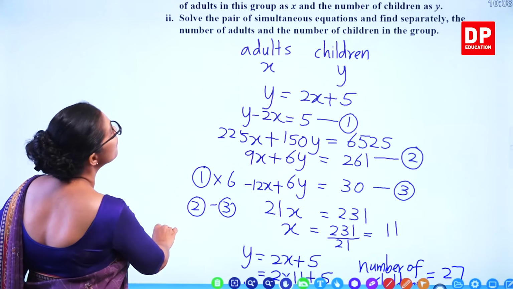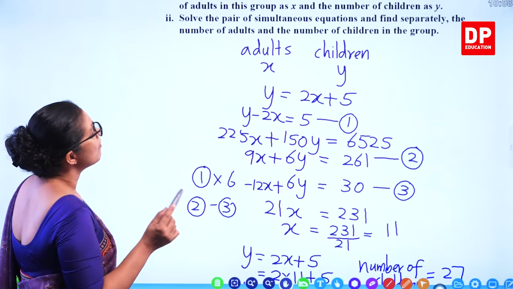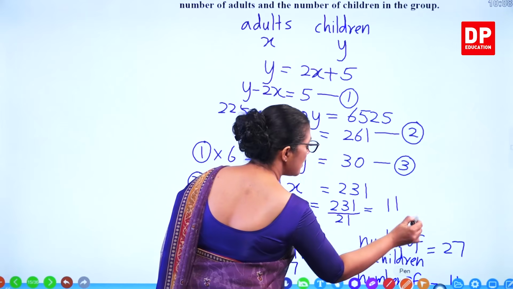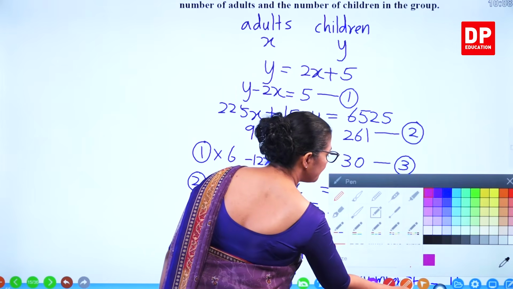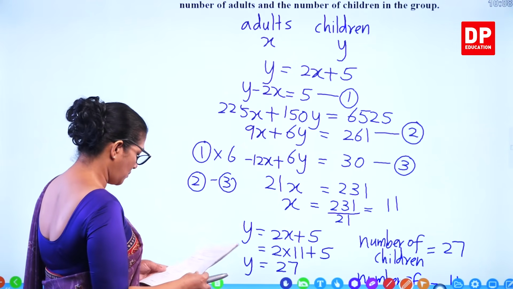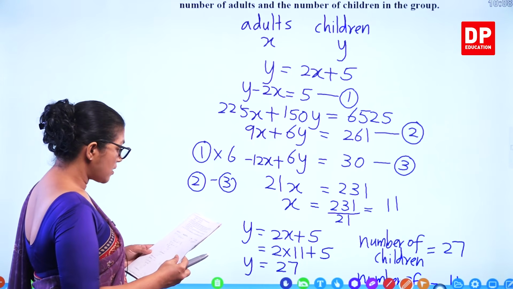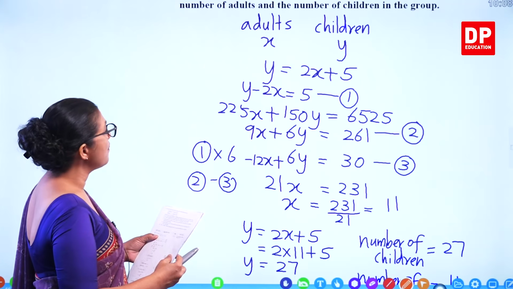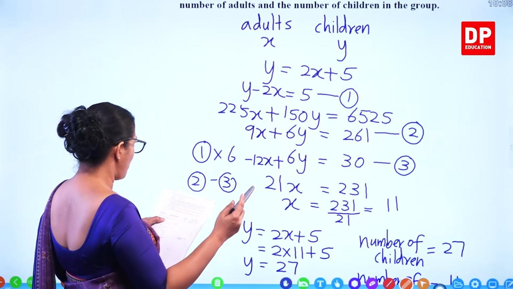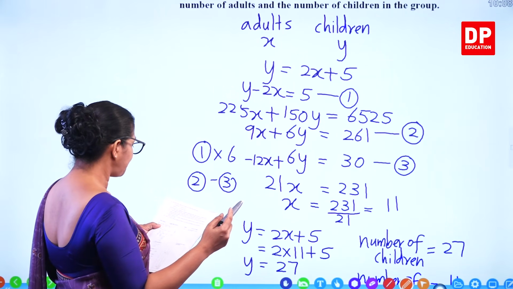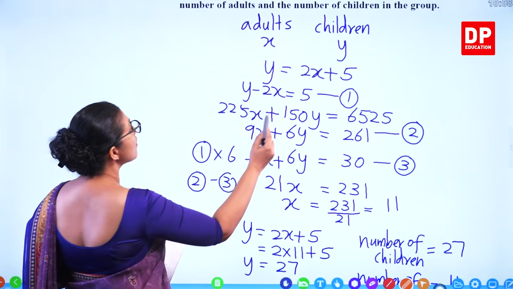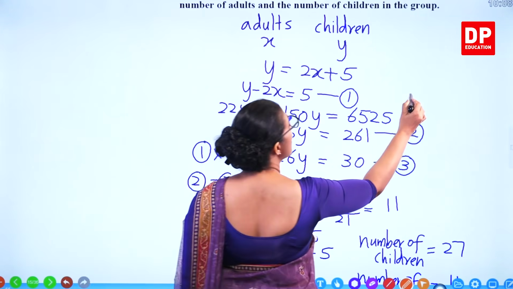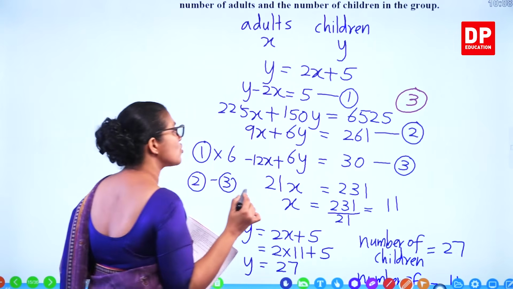They are asking to solve and find out the numbers. So we'll see how many marks for this part. Constructing two equations, you get 3 marks. Up to here, 3 marks, constructing two equations.